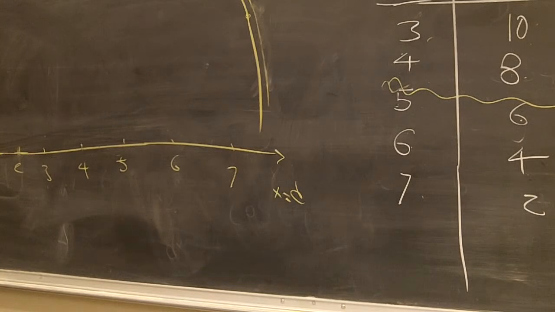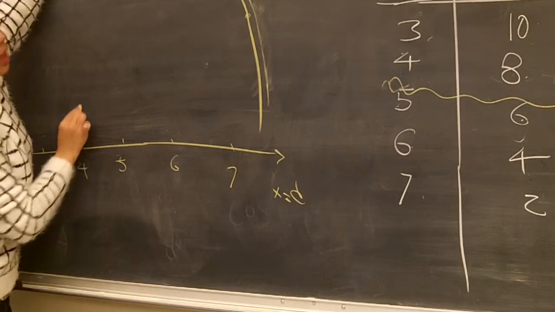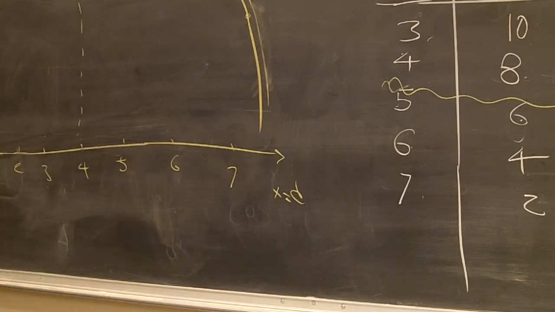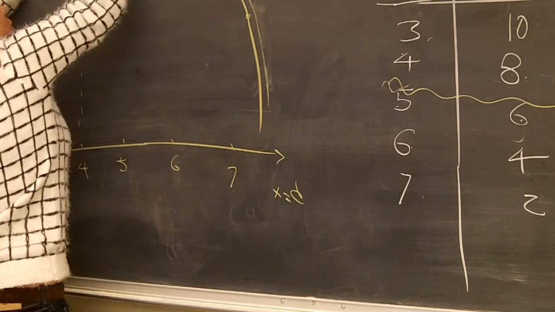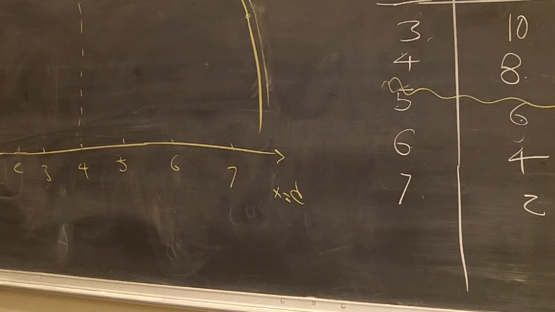You can see the highest point is right here, right? And that's when x is equal to 4. Then that point, 4, 32, is our highest point, the maximum.